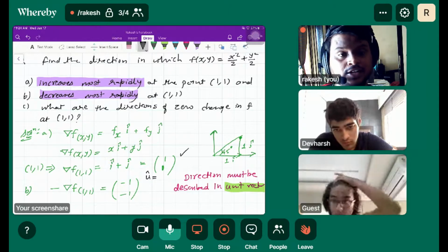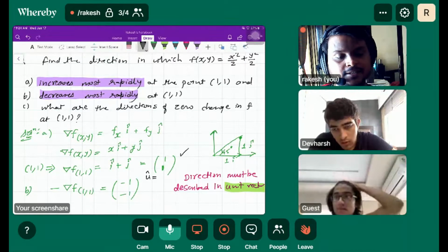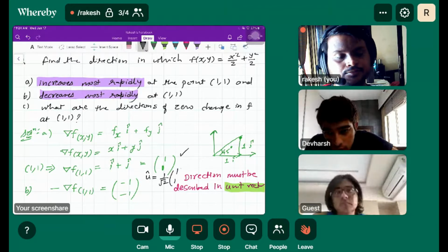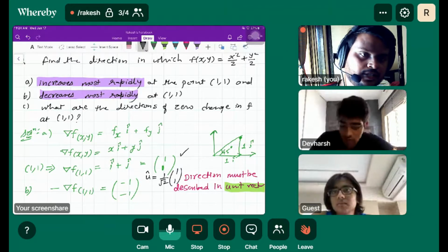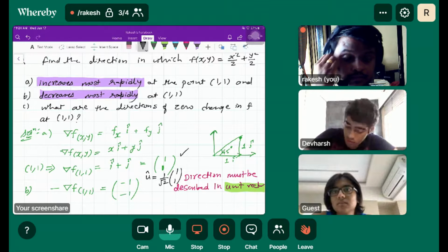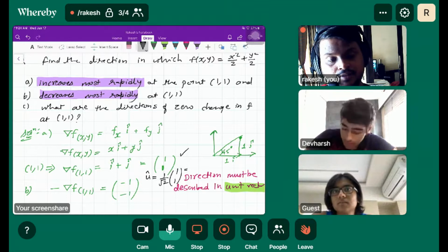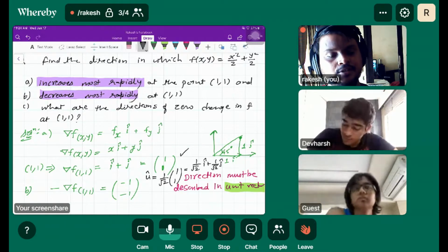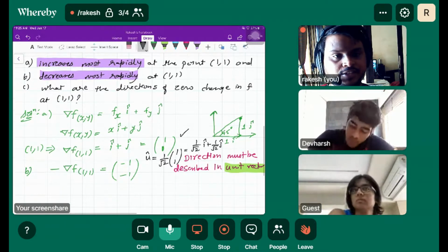Along this vector along del f, that is 1 by root 2, 1 by root 2, or you can say 1 by root 2 i cap plus 1 by root 2 j cap, right? Is that fine?